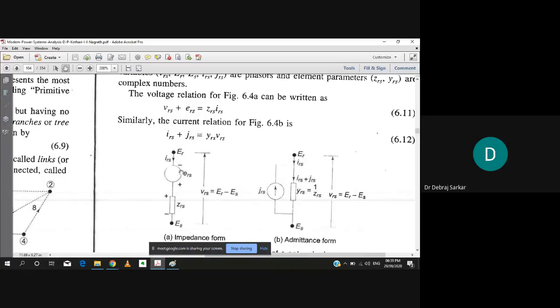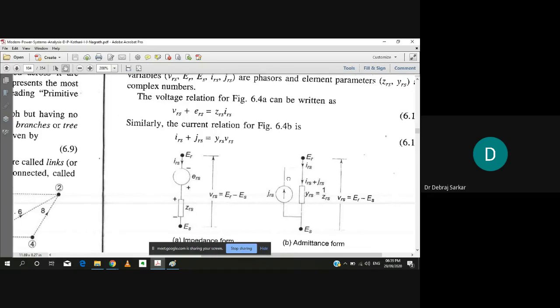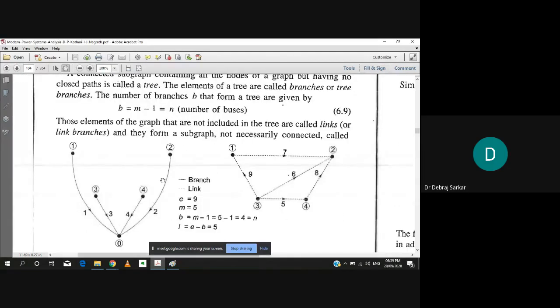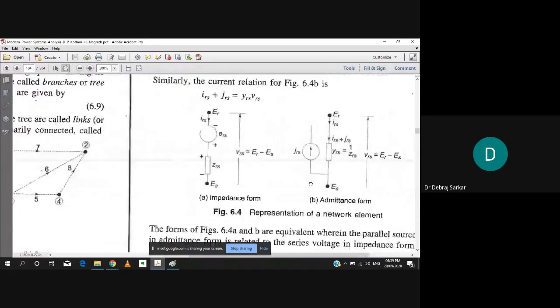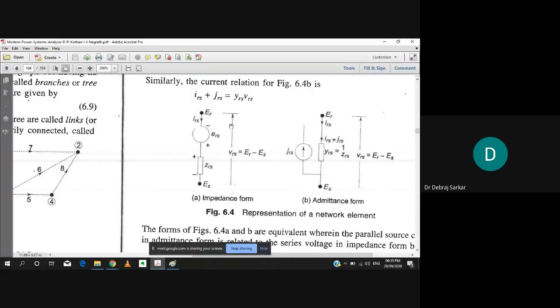So this set of elements is governed by this equation, the I and J. Now consider these elements to be placed on the branches. If only one type of element is placed, these two elements are interchangeable.